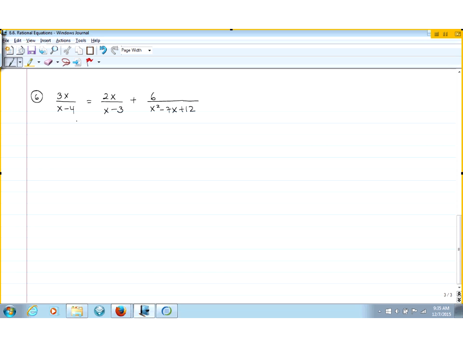So tell me, is this an equation or an expression? Equation, so can I clear the denominator? Yes, I can. How do you know it's an equation? Well, it's simple. It has two sides. Okay. So now, if I factor x squared minus 7x plus 12, what will this be?